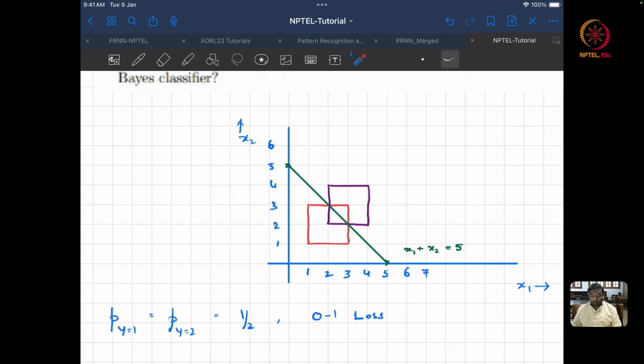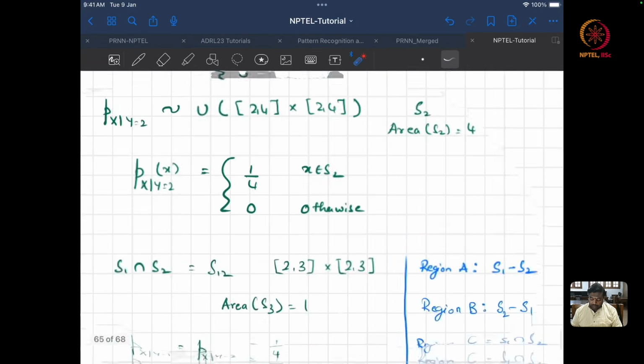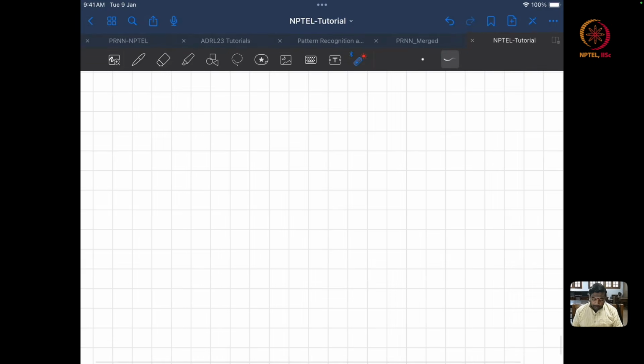No. I can have a classifier for all this region, I can say y is equal to 1 for all the elements, and that also will give me the same risk. For all these things in the region, I'll say y is equal to 2. In both of the cases, I get the same risk. Therefore, it is evident that it is not a unique classifier. The uniqueness is not there.